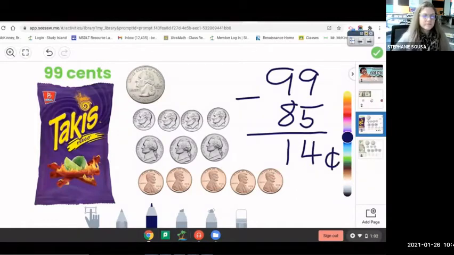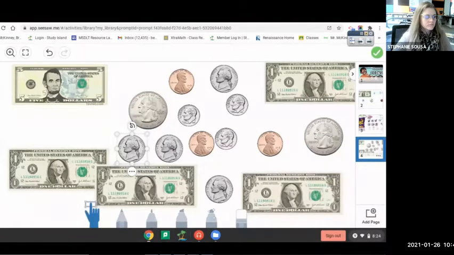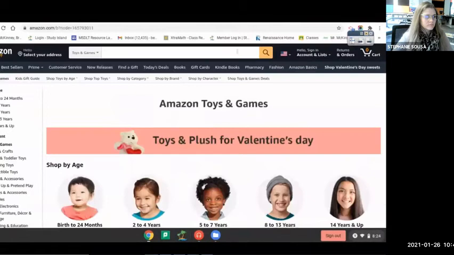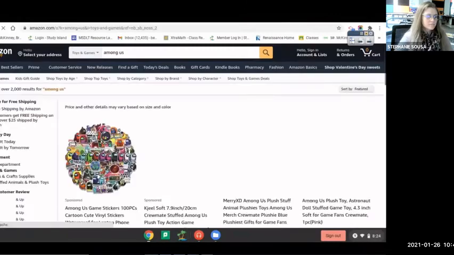But let's look at another example. Let's say you broke open your piggy bank and you found this much money inside. So you went online during Christmas time to find something that you might want to buy for a friend. And let's say they really liked Among Us.